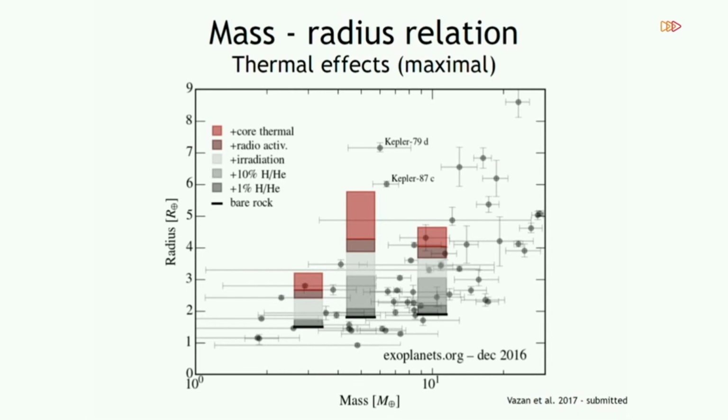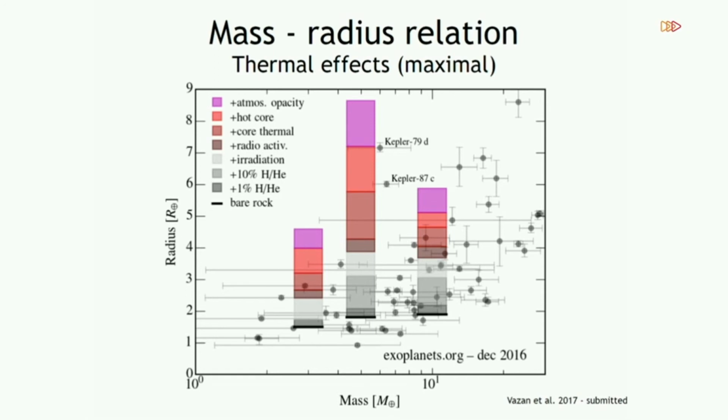All this is for the maximal effect on the radius between 1 and 10 gigayears. And if we start from a much hotter core, due to very fast formation, for example, we can reach that radius. And we end with increasing the atmospheric opacity, like some studies suggested.